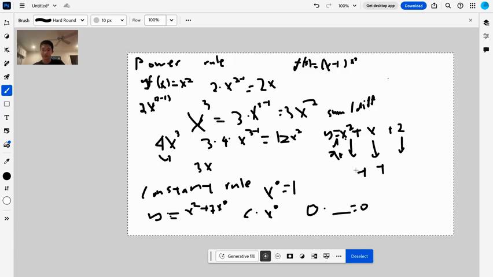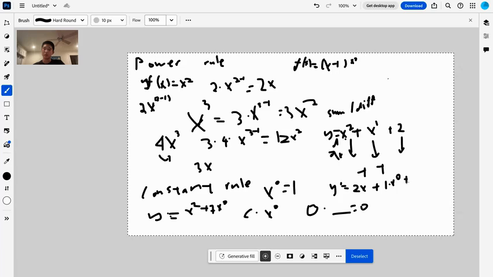So let's say you want to take the derivative of this. Y prime is just, what's the derivative of x squared? Using the power rule, it's 2 times x to the 2 minus 1, which is just 1, plus the derivative of x, which is x to the power of 1. Using the power rule, we get 1 times x to the 1 minus 1, which is 0.